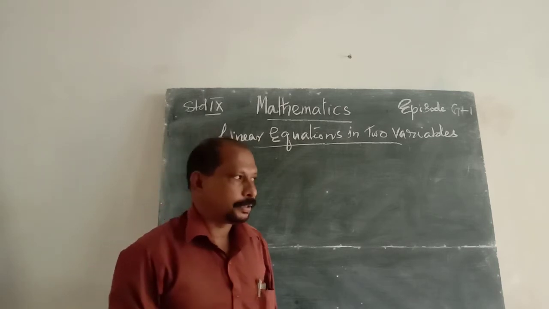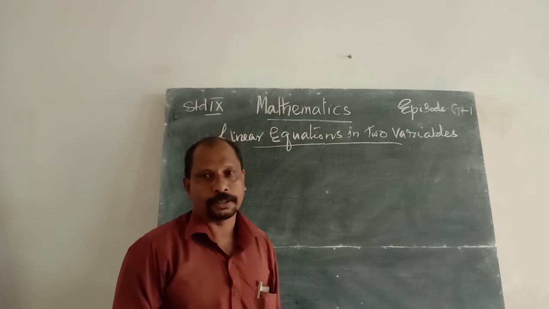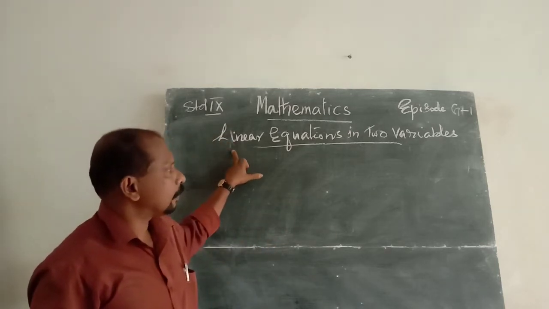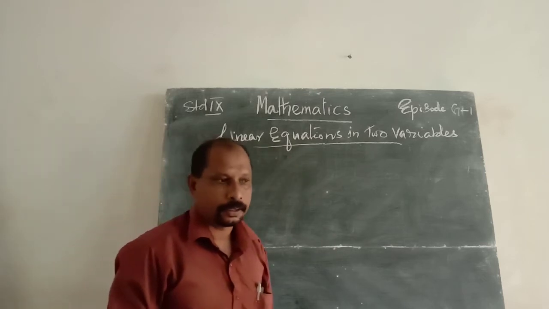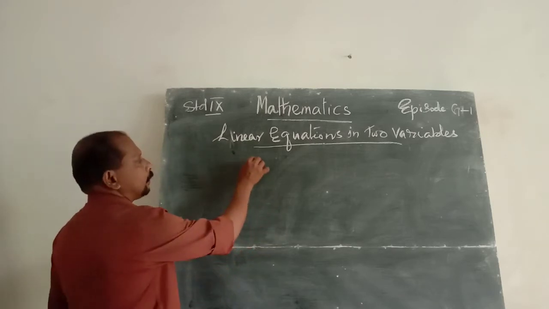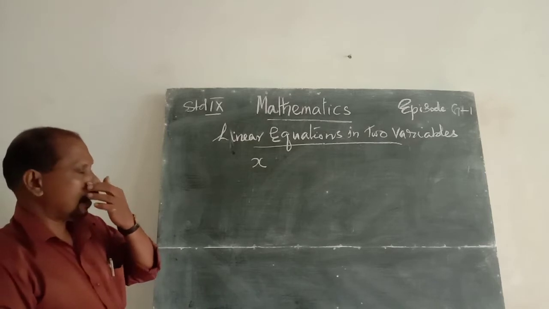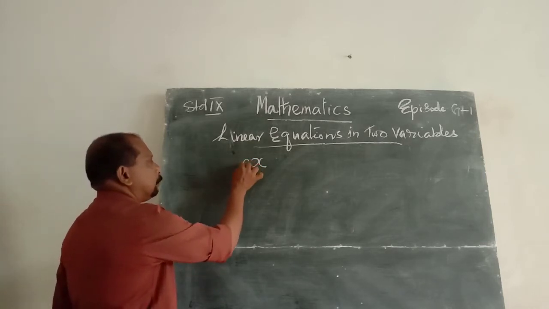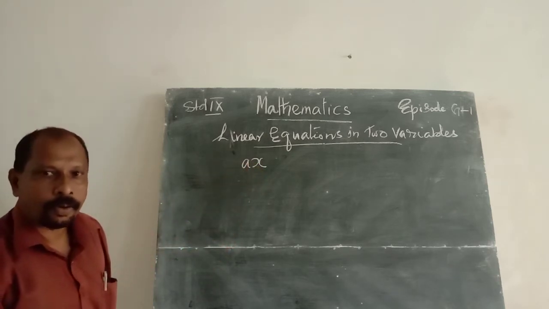Now we studied the fourth chapter, that is linear equations in two variables. We know that x is a variable and ax means a is the coefficient of x.